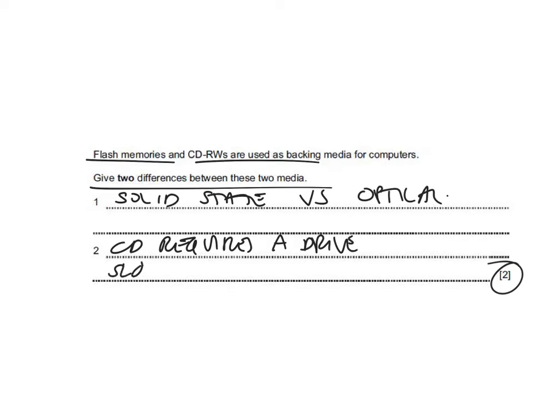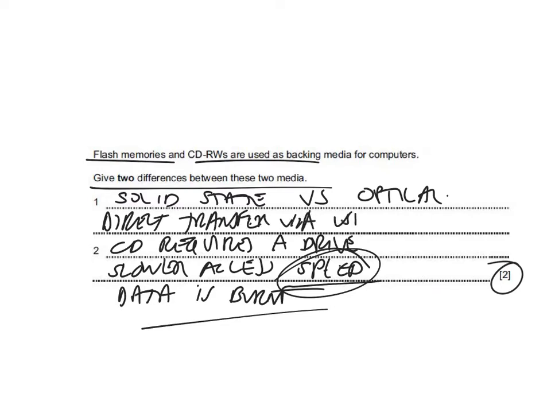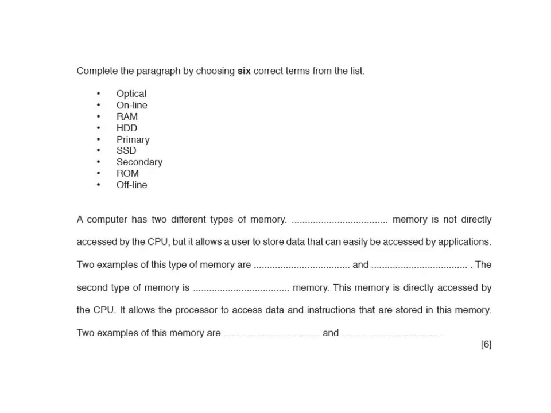It's slower access, speeds, data transfer rates, maybe is a better word to use there than speeds. Data is burnt, so the write process we could talk about there needs to be finalised, so you get a direct transfer via a USB port, which is a standard normally, or I guess it is standard on all devices now, so that you can do that. These are good straightforward ones.